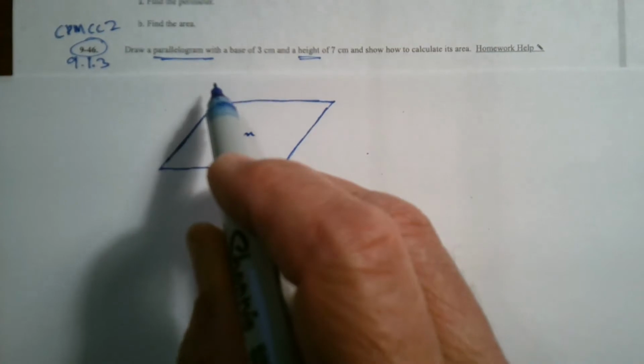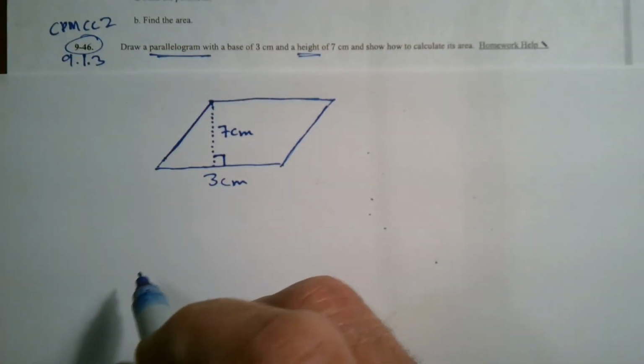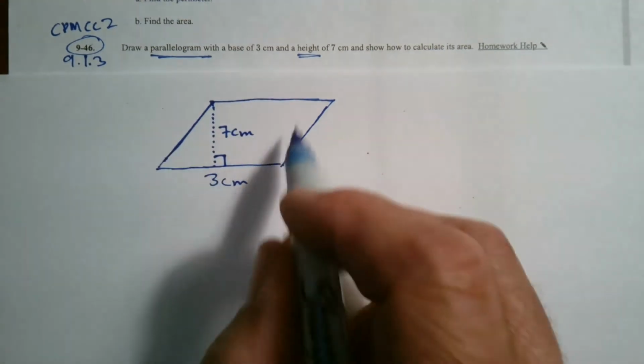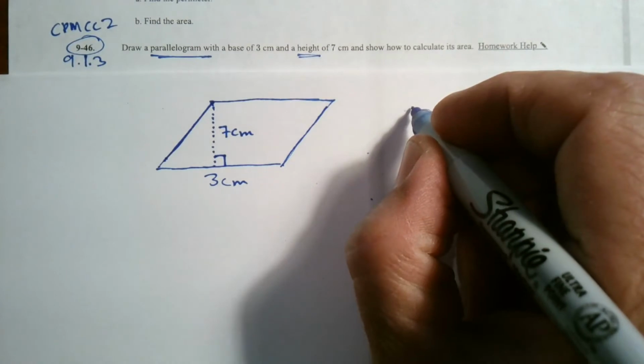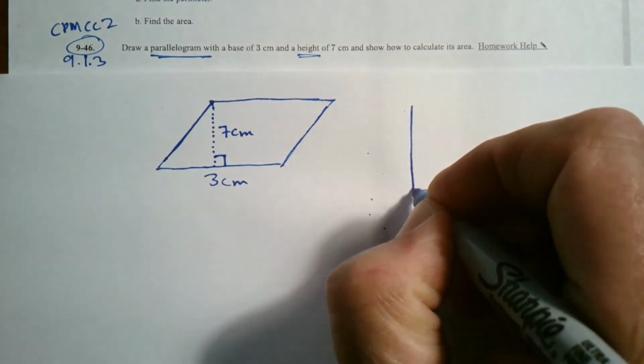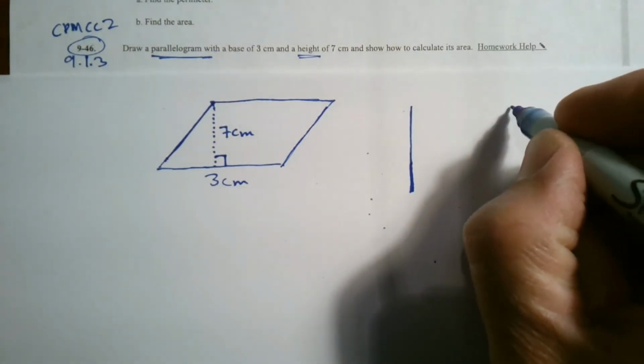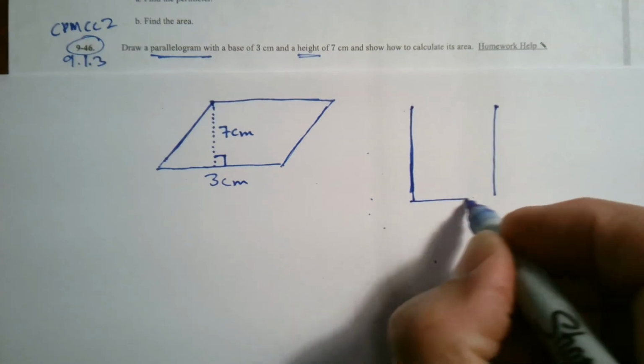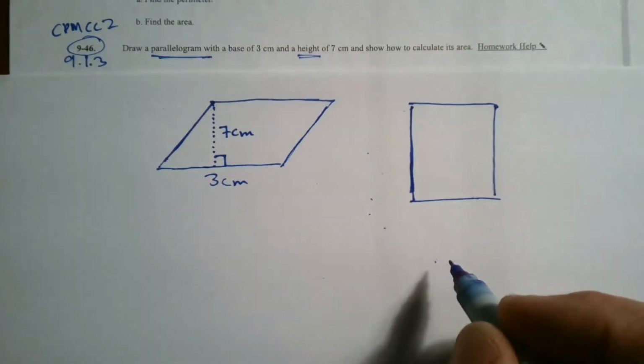So the base and the height, right? So that would be what the parallelogram could look like if it had that shape. The other way a parallelogram could look is, again, all I have to do is have parallel sides. So if I had my two sides like this, and two sides like this, what am I drawing?